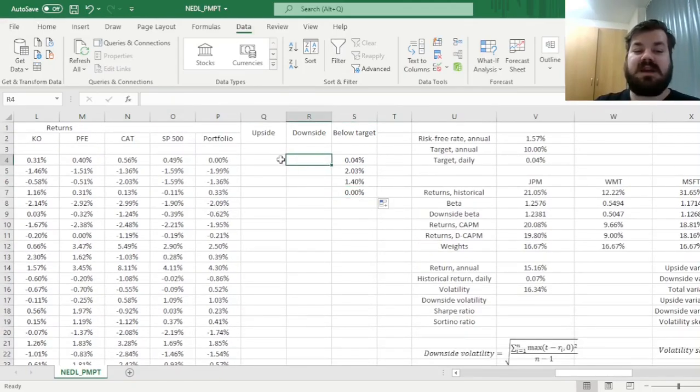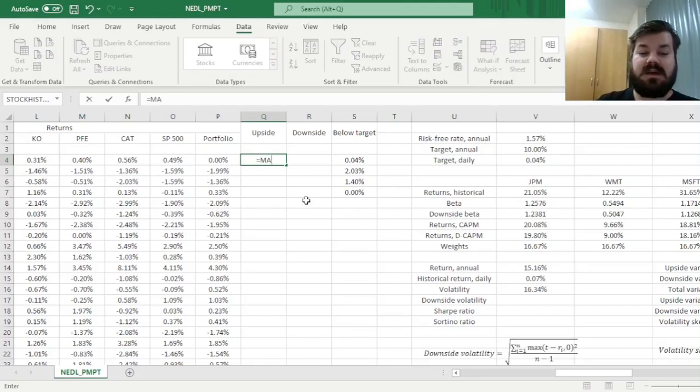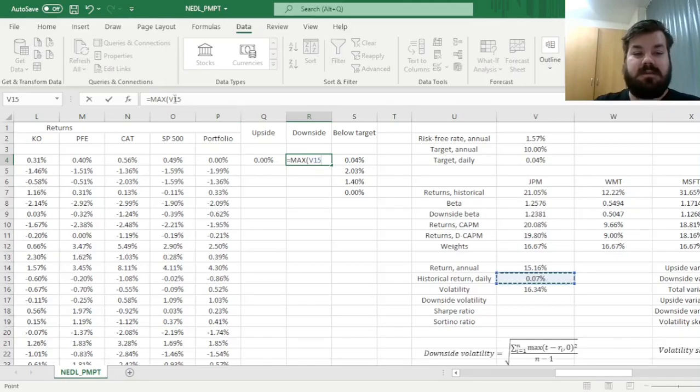Now, for the upside and downside variance, for the volatility skewness calculations, we need to use the historical daily return. For the upside, we can calculate the maximum of the portfolio return minus the historical daily return, and 0. And for the downside, we can calculate the maximum of the historical daily return minus the portfolio return and 0.